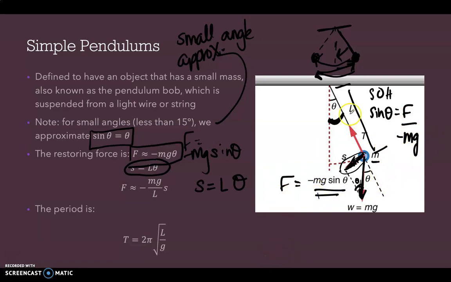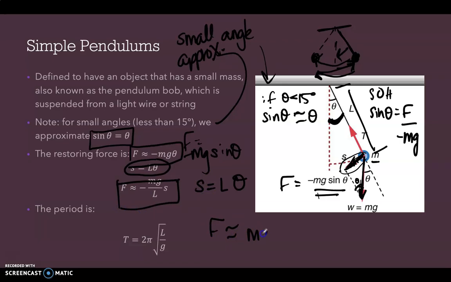And so if theta is less than 15 degrees, I can say that sine theta is about equal to theta. That's that small angle approximation again. So this is my restoring force, and we can also state it this way: F is approximately equal to negative mg over L times S, the arc length.